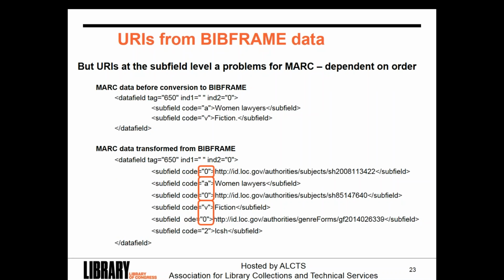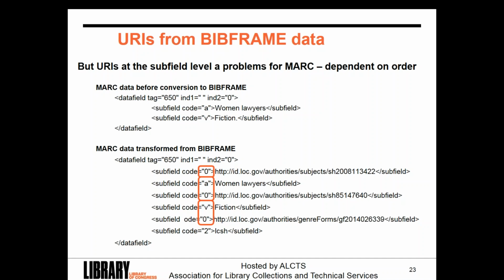But in this example, we have a subject, women lawyers and women lawyers -- fiction, and when we transform it to BibFrame, BibFrame looks up the whole subject heading, women lawyers, and pulls the URI. It then looks up each part. It looks up women lawyers and it looks up fiction, and it pulls the URI for each of those.